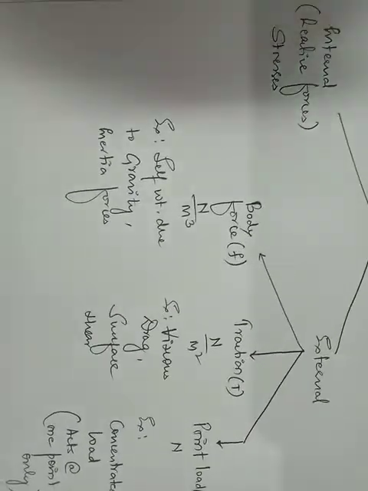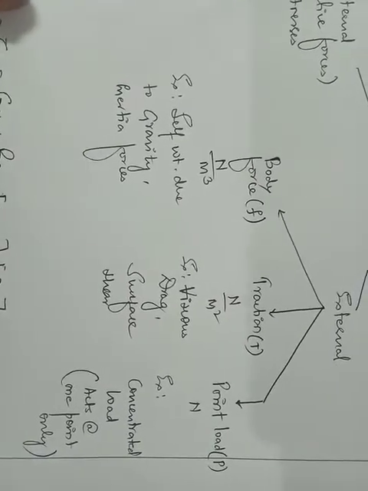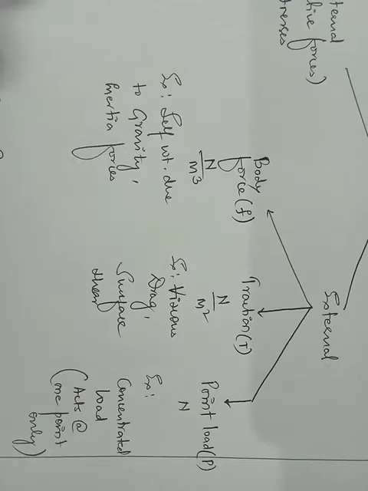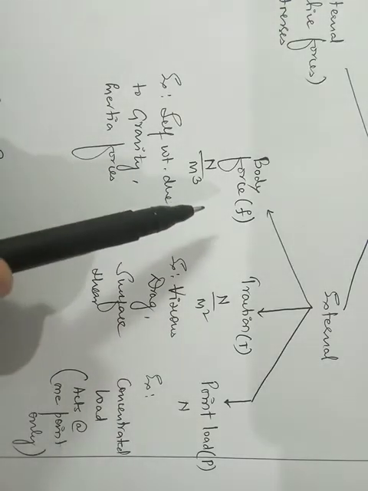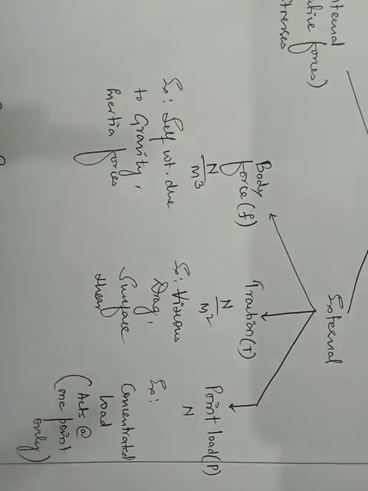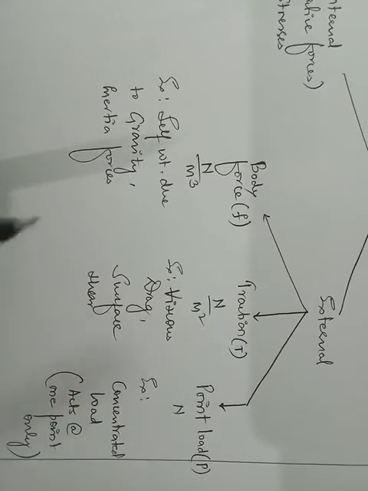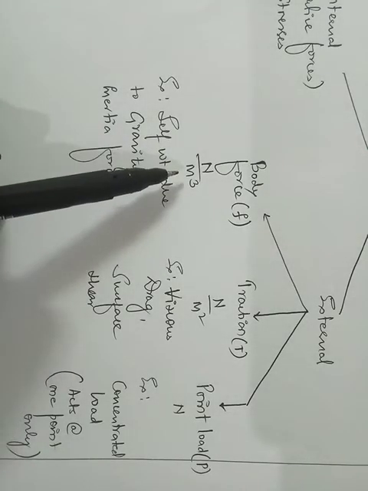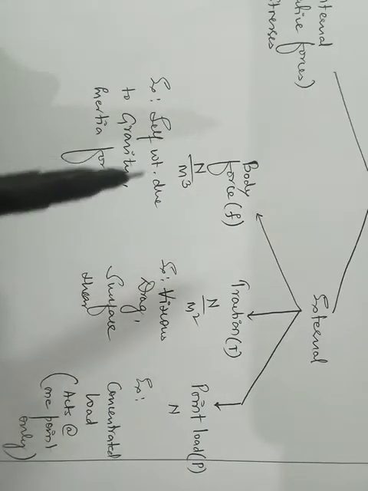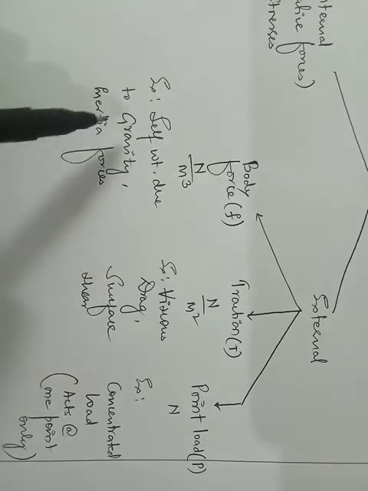Now external forces can be of three types. First one is body force, designated by small f. It always acts on an elemental volume, and that is the reason its unit is Newton per meter cube. Examples are self weight due to gravity and inertia force.